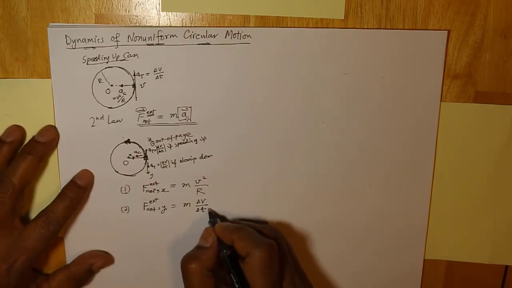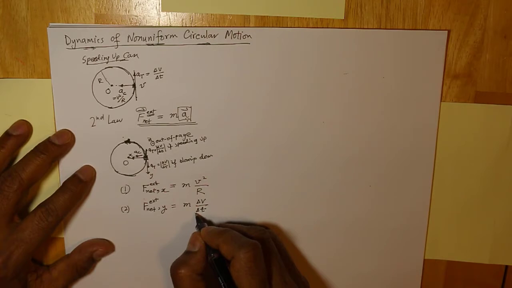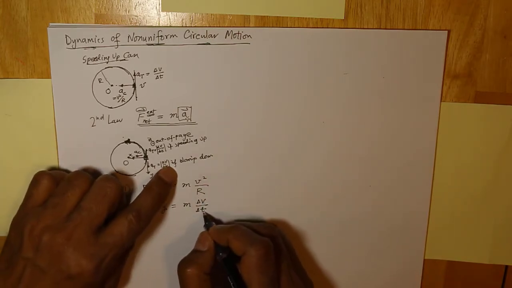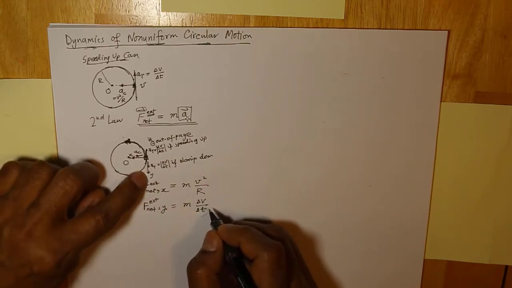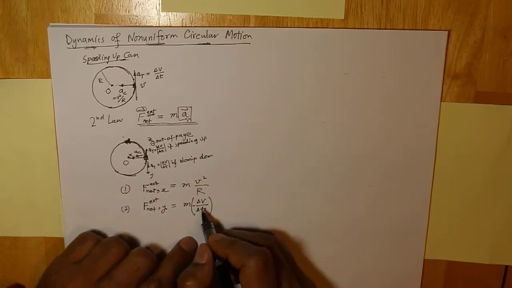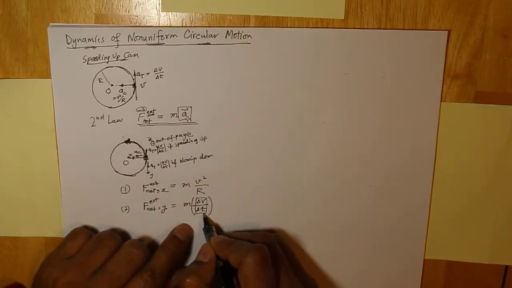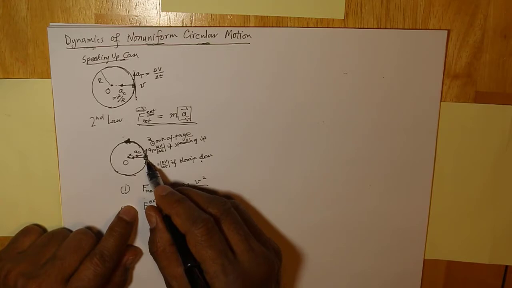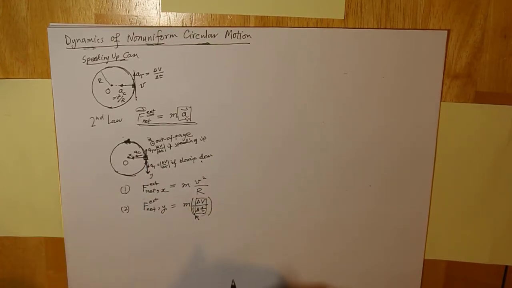I'll just leave it like that. This will be negative. If this is negative, then it's towards the positive. So I'll just put a negative sign here, so that if this itself is negative, which means slowing down, then I will cancel that negative with the minus to get a positive y component.